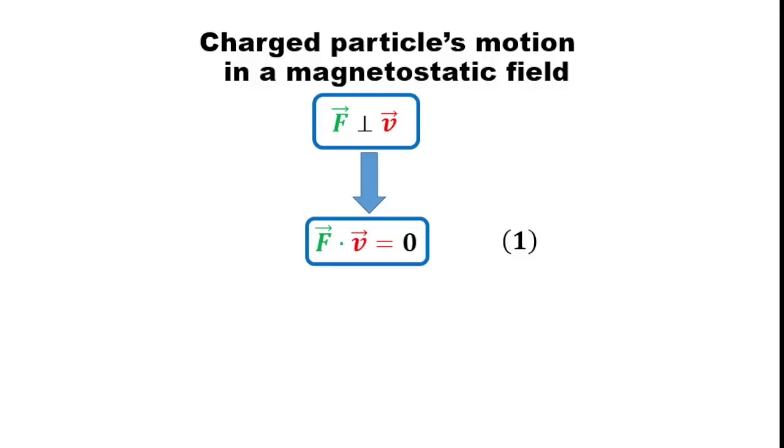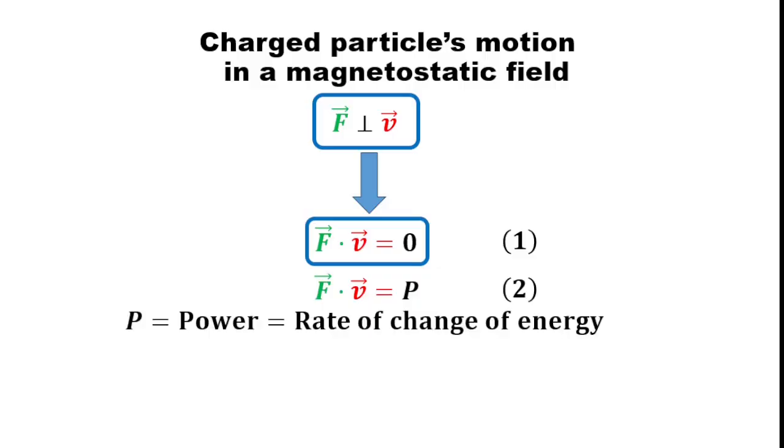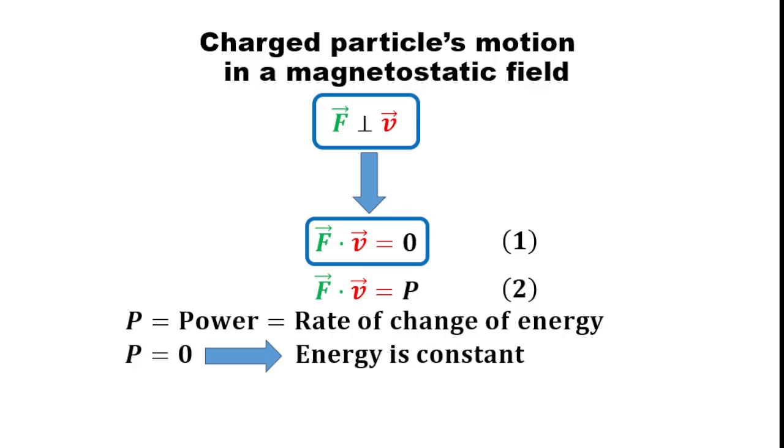And we also know that the dot product of force and velocity is equal to power as shown in equation 2, where P is the power and power is the rate of change of energy. Therefore, we conclude that power is equal to 0 and hence the energy of the charged particle remains constant. It remains unchanged.